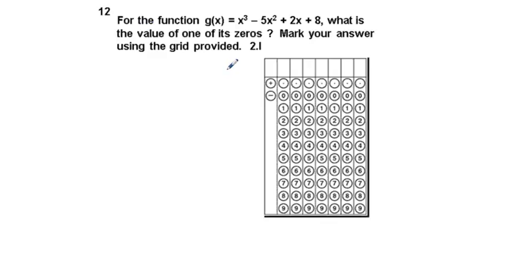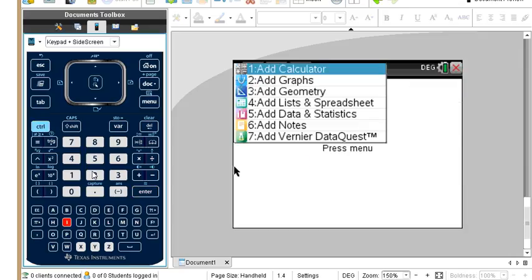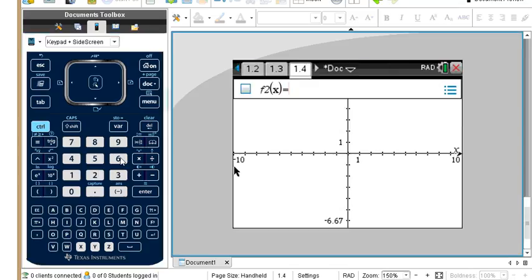Next one, for the function g of x equals x cubed minus 5x squared plus 2x plus 8, what is the value of one of its zeros? Mark your answer using the grid provided. This is a problem that has more than one correct answer. So I'm going to show you what that looks like here. We got x cubed.